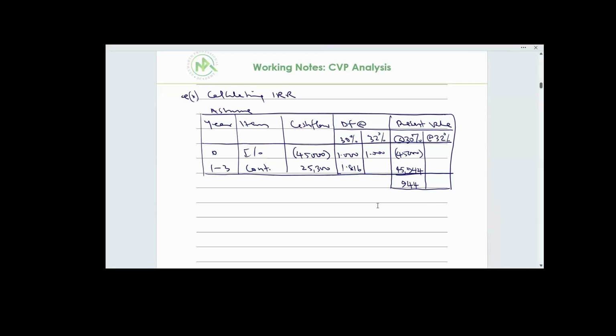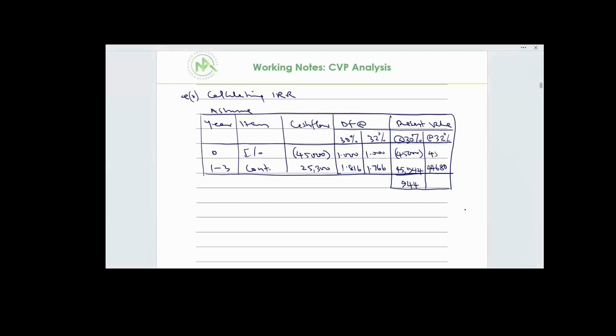I just hope this will not give a positive NPV again. All right then. 1.32 raised to power 3 minus 1, divided by 0.32, equals 1.766. 1.766 multiplied by 25,300 equals 44,680.